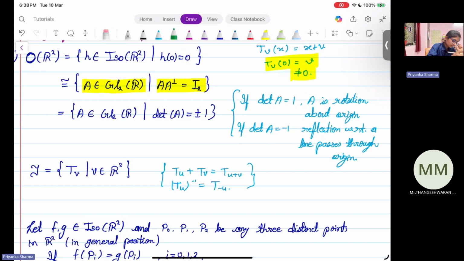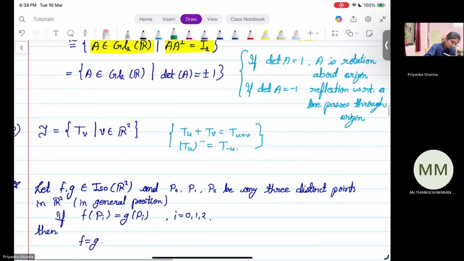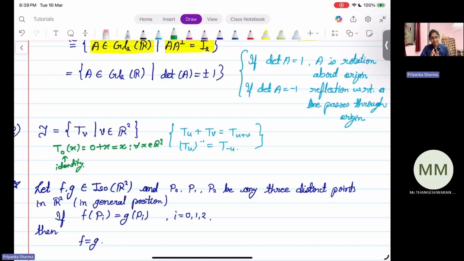What is T_0? T_0 of x is 0 plus x, that is x, for all x belonging to R squared. So this is the identity map, and the identity map can be represented as a translation.